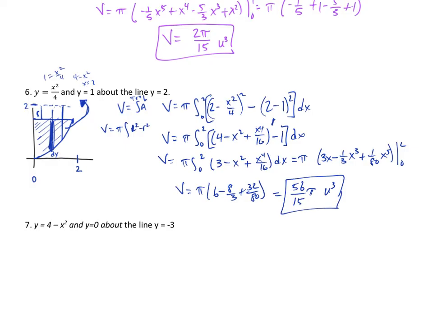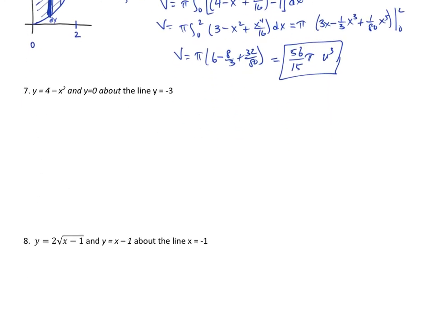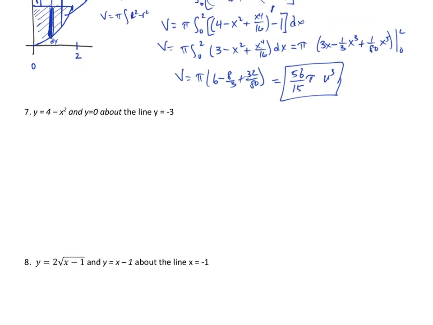Okay, moving on to number 7. In number 7, let's take a look at what we got, and let's graph this again. We are graphing y equals 4 minus x squared and y equals 0 about the line y equals negative 3. So this time we've got this situation, and this goes like this, and this is at negative 2 to 2, and it goes up to a height of 4.